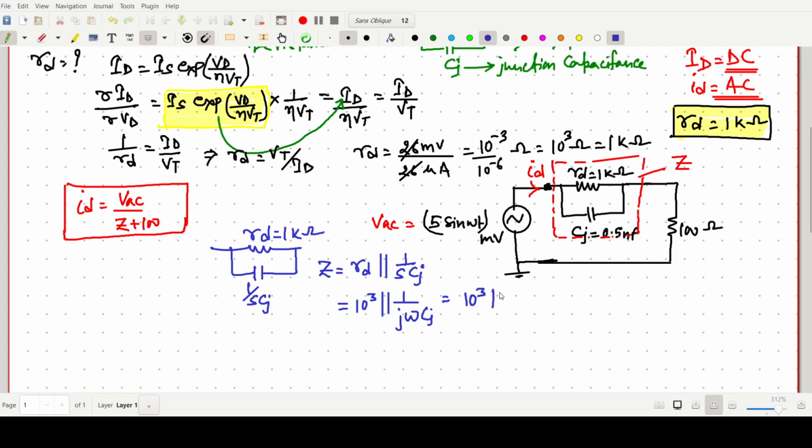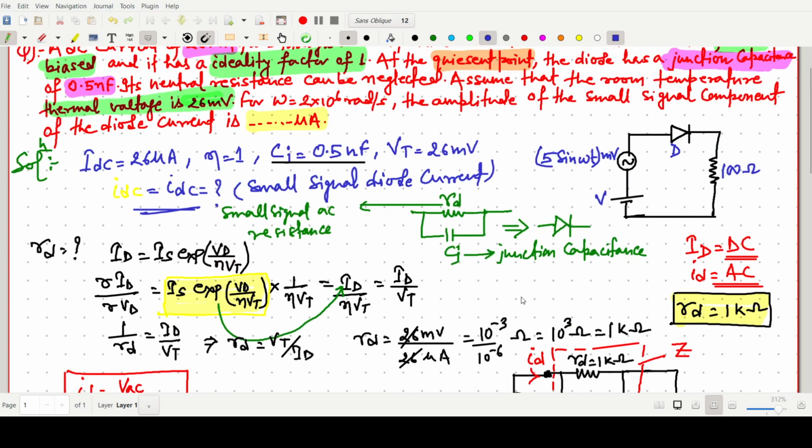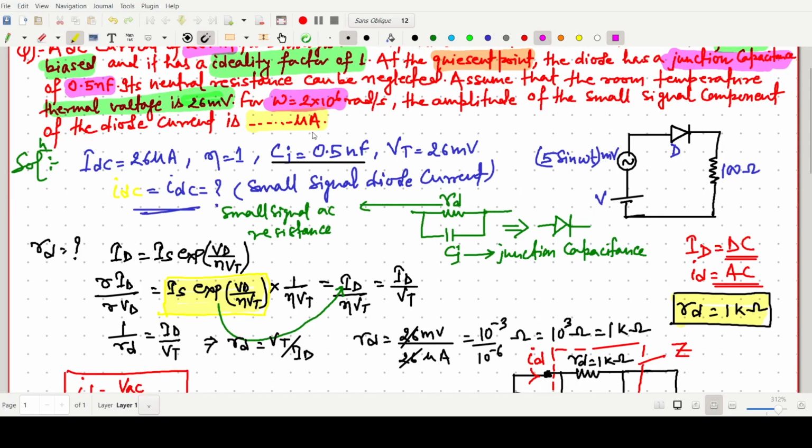So we can solve like that, 1 by j omega. We have to check what is the value of omega. I have not mentioned it, but it is given here. The omega value is 2 into 10 to the power 6.